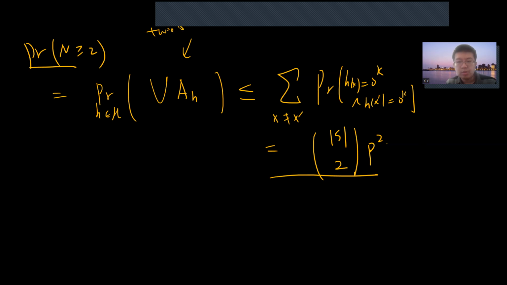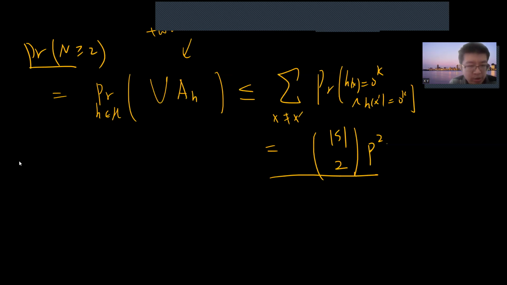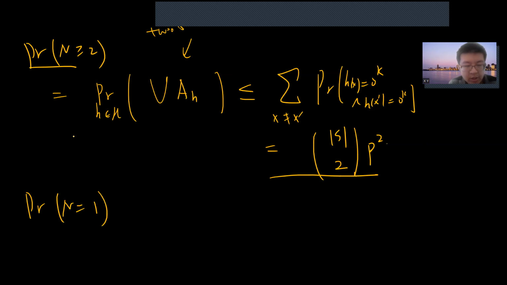Combining these, you can get that the probability of n greater or equal to 1 is at least s p minus 2 times s choose 2 times p squared.